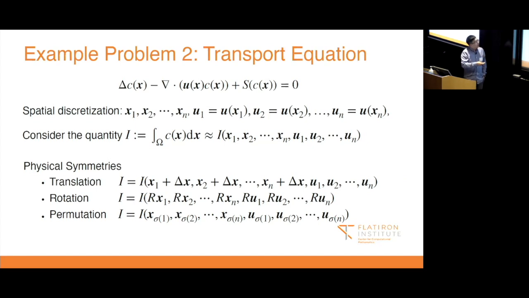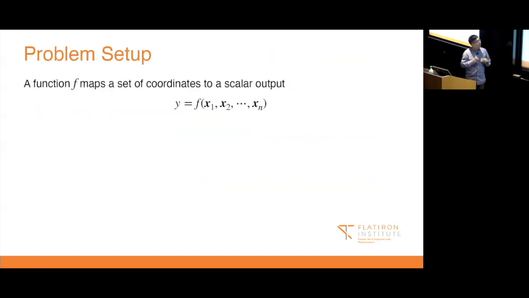Now here is the simplest problem setting for these kinds of functions. Say we have a scalar function f that maps a set of coordinates, like the potential in the molecular dynamics example. We only have the x information, no u information, and f maps these coordinates to an output y.